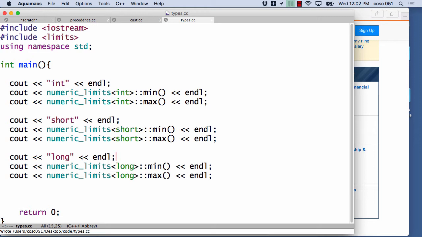Now, let me ask you a question. Say we have a program that counts the number of apples you have. Which one of these would you use? Short. How about if you're an apple farm? Int or long would probably be good.